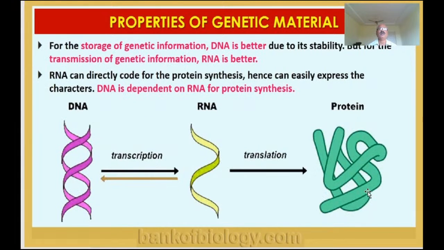For the storage of genetic information, DNA is better due to its stability, but for the transmission of genetic information, RNA is better. RNA can directly code for protein synthesis, hence can easily express the characters.